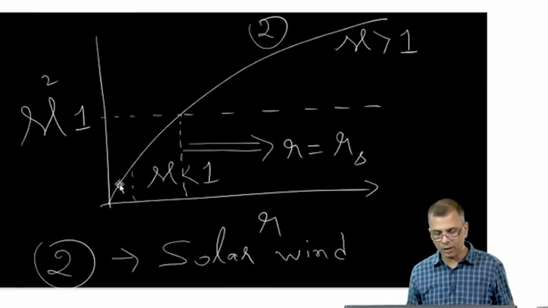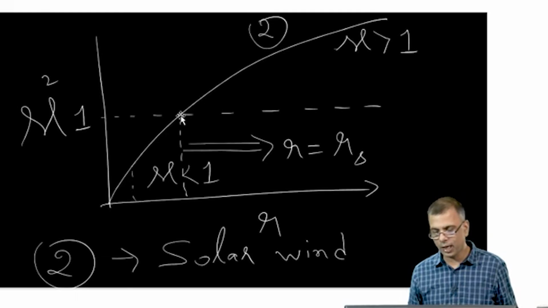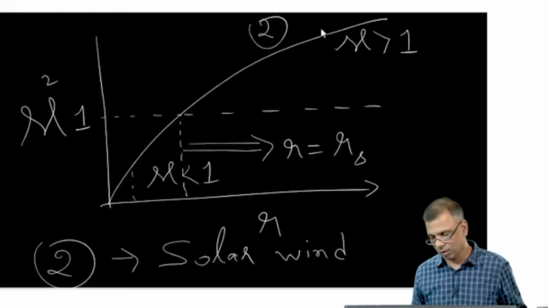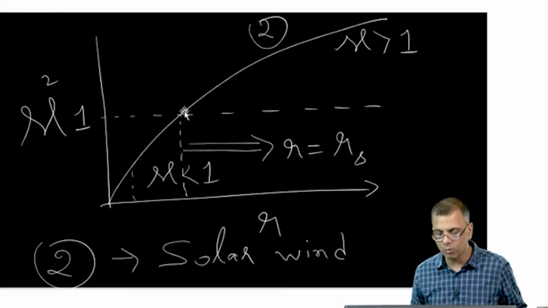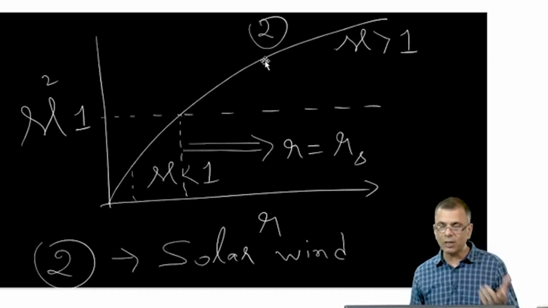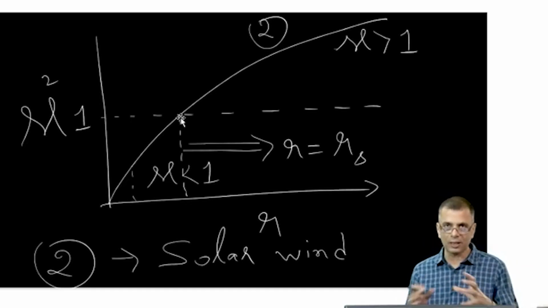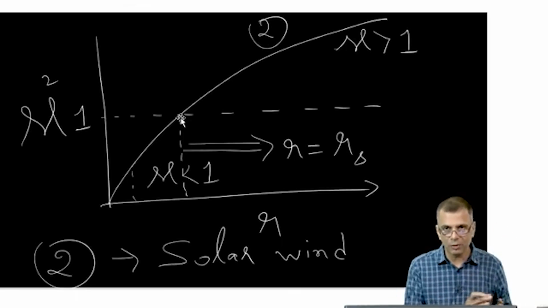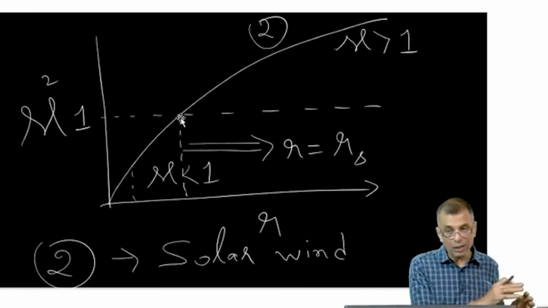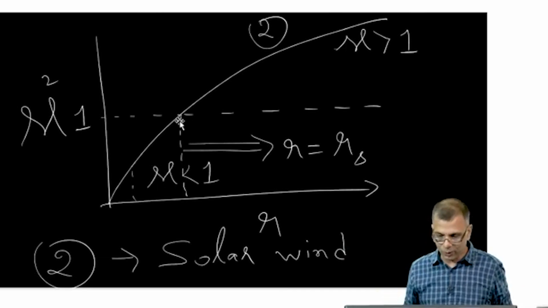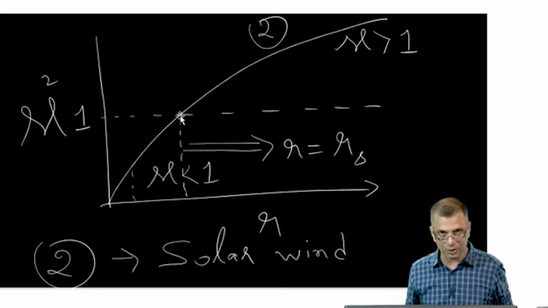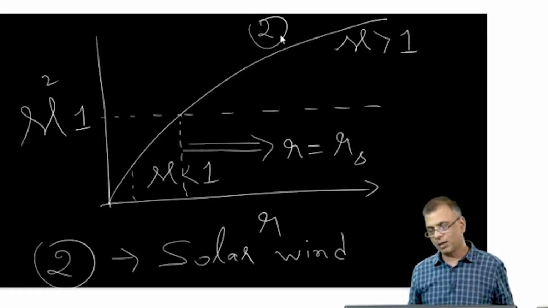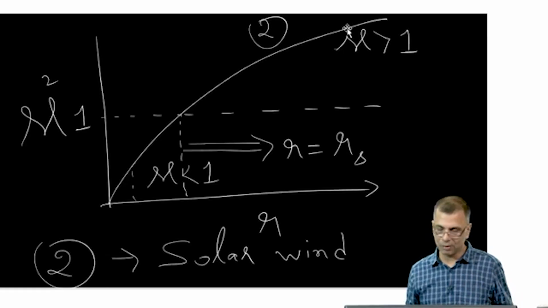It takes a hot plasma at the base of the corona and it passes it through the sonic point, and as it moves out, obviously it is getting cooler. That is why it is getting accelerated. The internal energy of the plasma is being converted into the kinetic energy, the bulk kinetic energy of the solar wind, and that is why the bulk kinetic energy of the solar wind is increasing, and the Mach number becomes larger than 1, and that is fine.